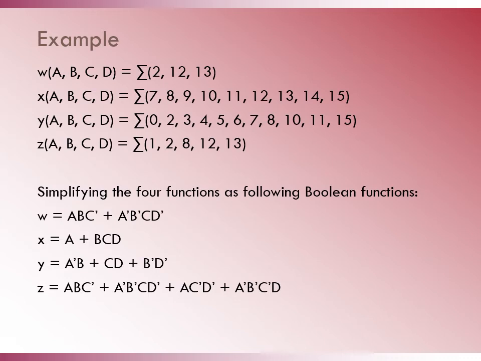Now what we observe is the first two terms for Z is nothing but equal to W. So we can substitute for Z: W plus A C bar D bar plus A bar C bar D. This gives us the size of Z as the required 3 product terms.